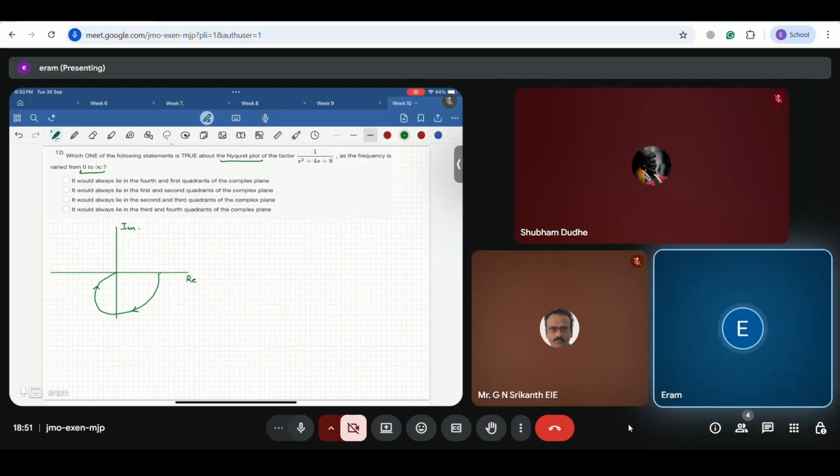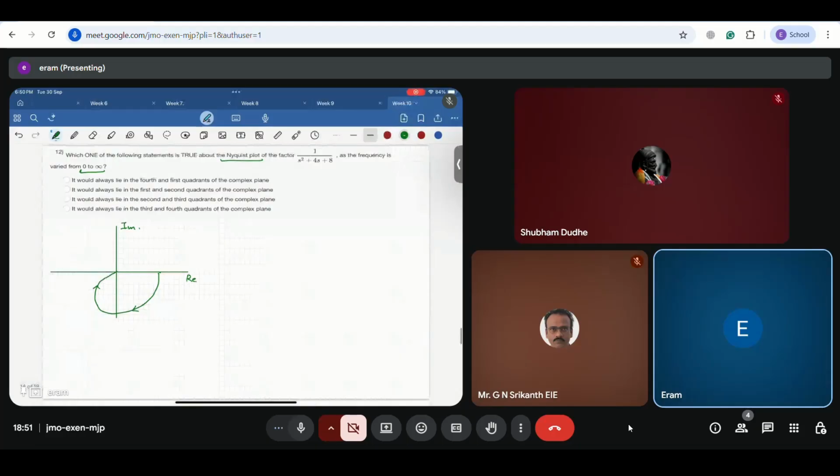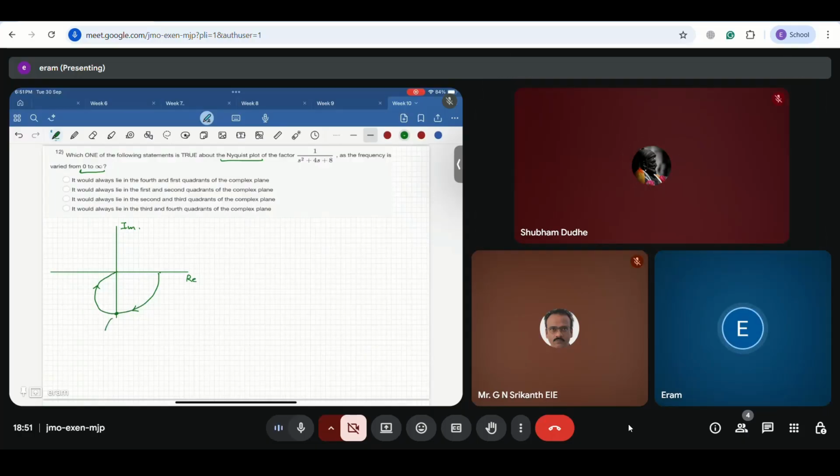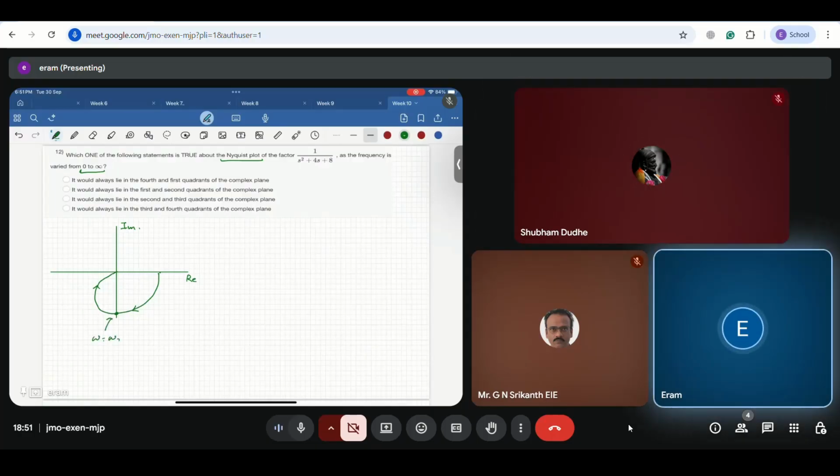Now can you identify at which frequency it intersects the imaginary axis? Omega equal to omega n. Yes, so this frequency is omega equals omega n. And what will be the resonant frequency for this case?